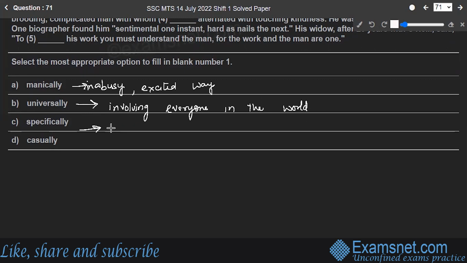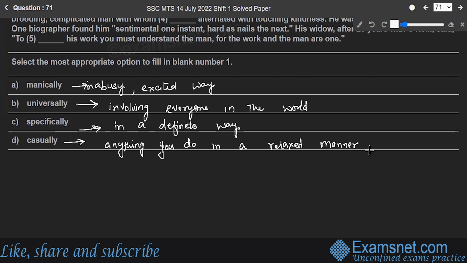Specifically means in a definite and exact way. Then the word casually means anything you do in a relaxed manner. So that's very casually.